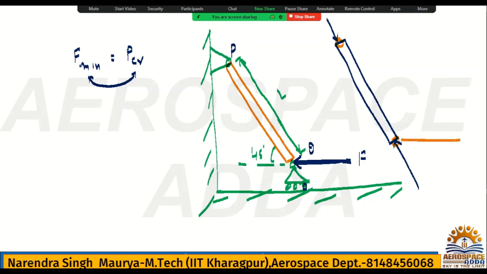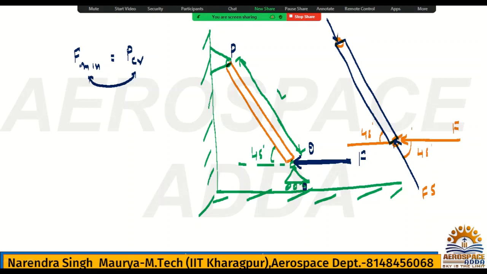So see, this is F. This angle is given as 45 degree, so this angle will also be 45 degree. So what will be the axial loading? It will be F sine 45, or you can say F cos 45, because sine and cos are both the same.